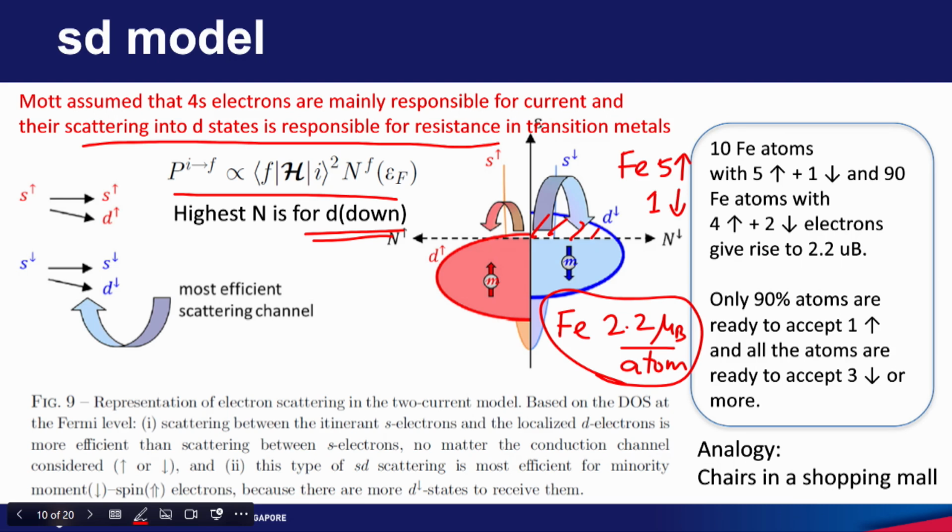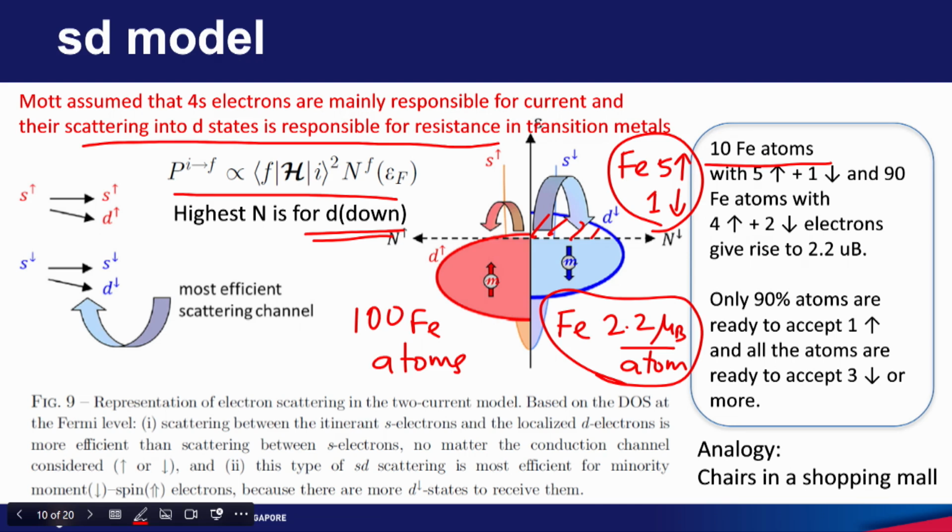So, we can imagine that there are 100 iron atoms. I am trying to simplify this picture. Out of these 100 iron atoms, let us say there are 10 iron atoms where you have this 5 up and 1 down spin.